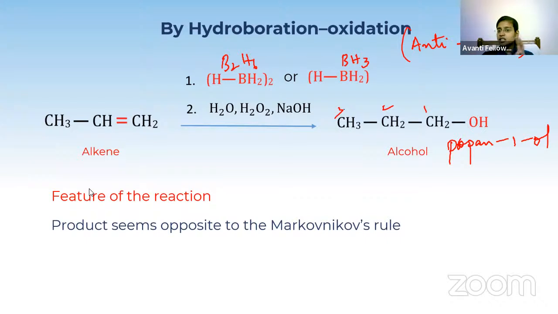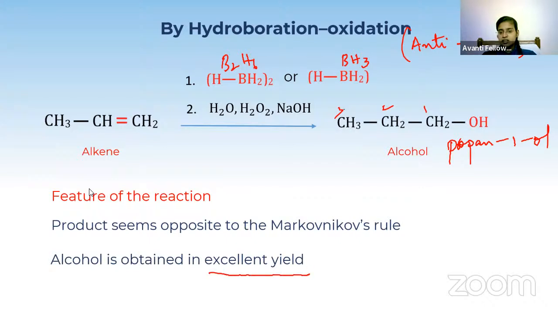When I compare these two methods of preparation of alcohol, with the second method the alcohol is obtained in excellent yield. How will you know whether I have to use anti-Markovnikov or Markovnikov?